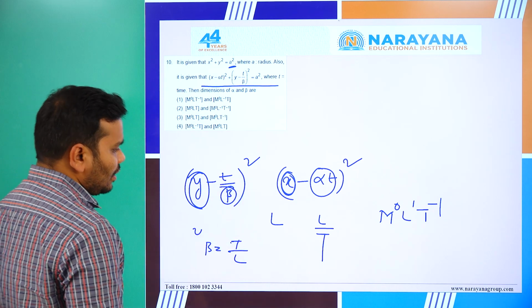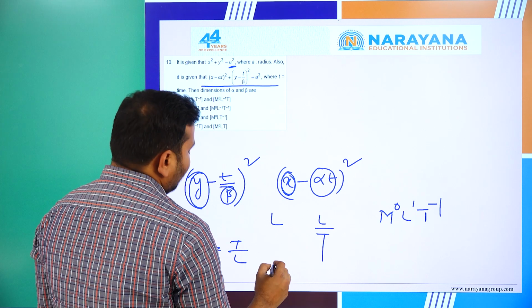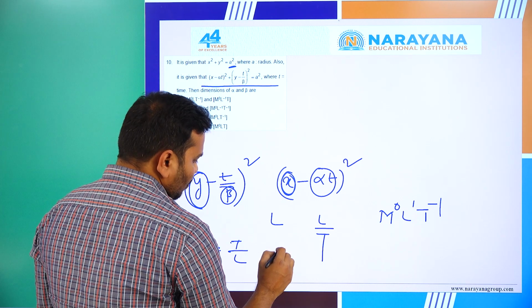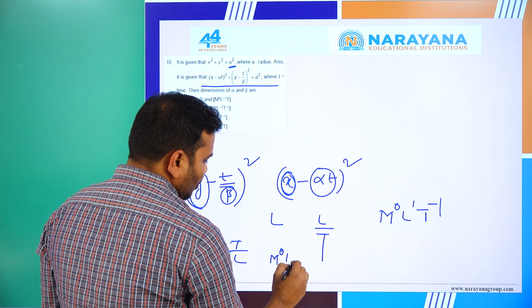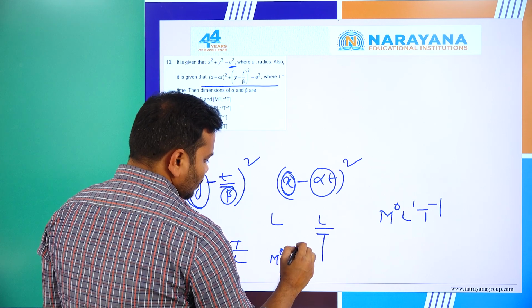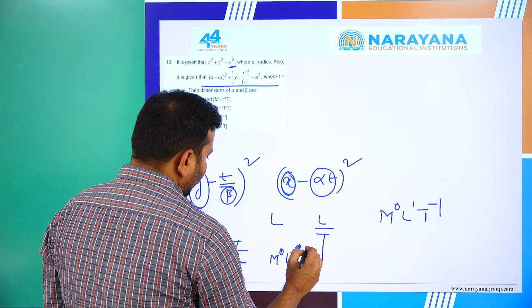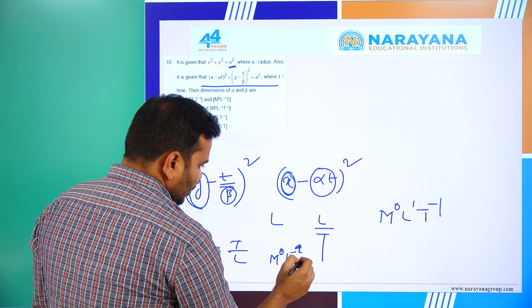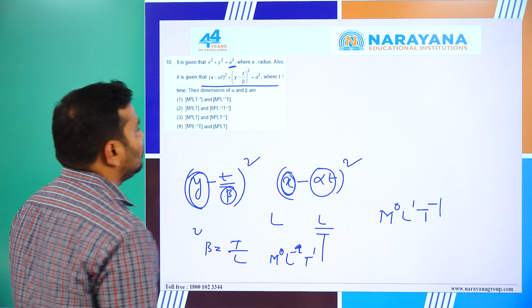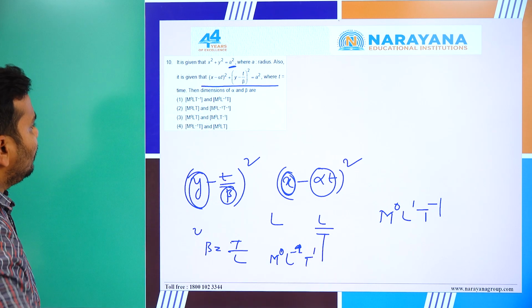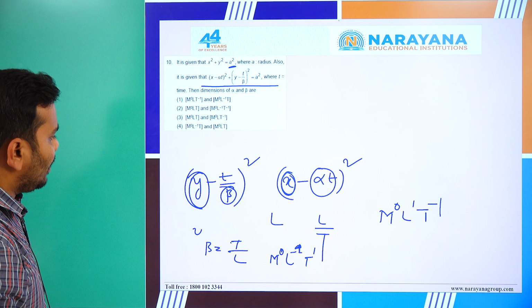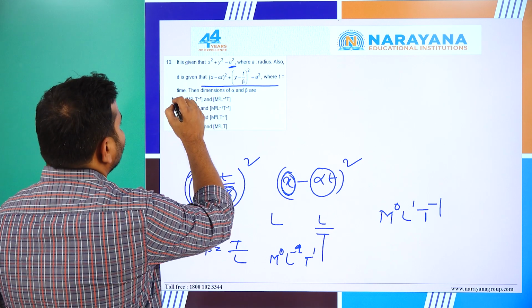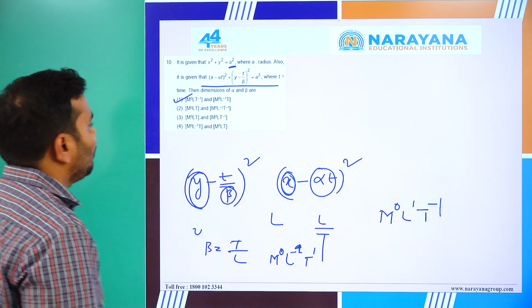So the dimensions of beta are M power 0, L power minus 1, T power 1. So this is the first thing.